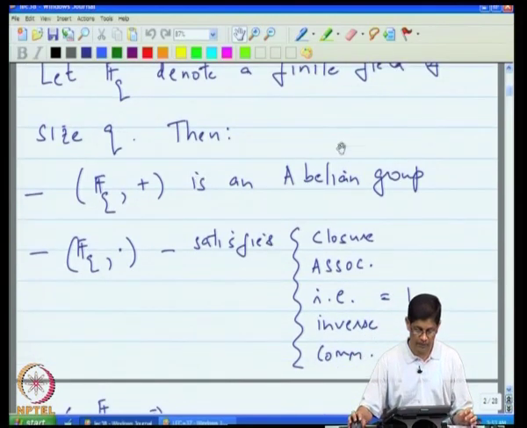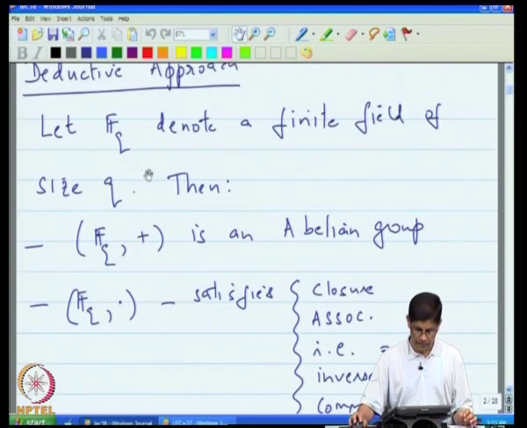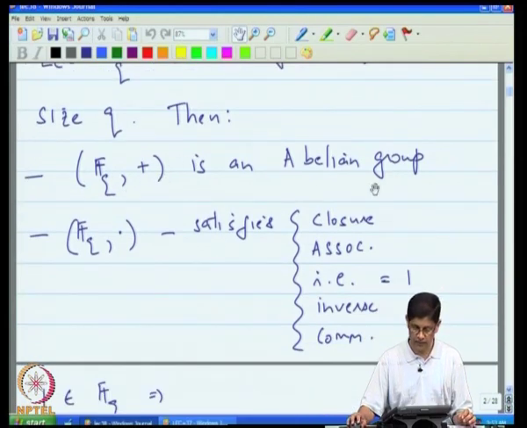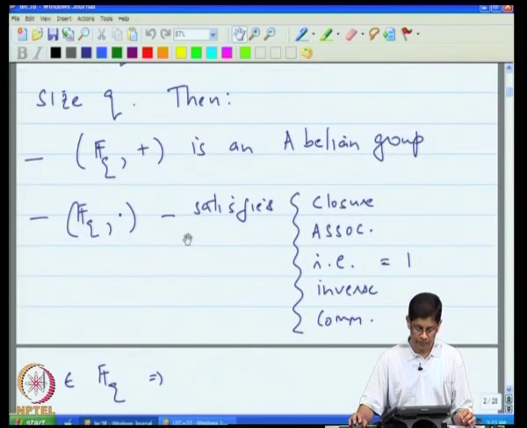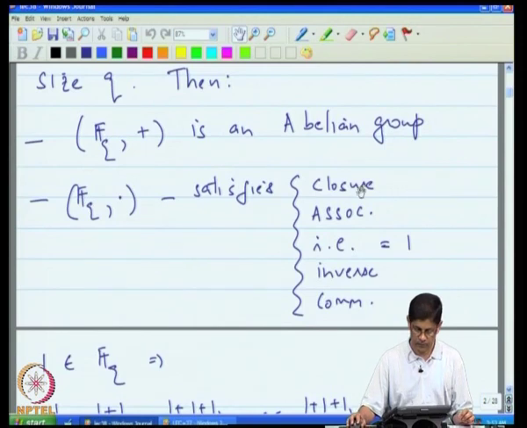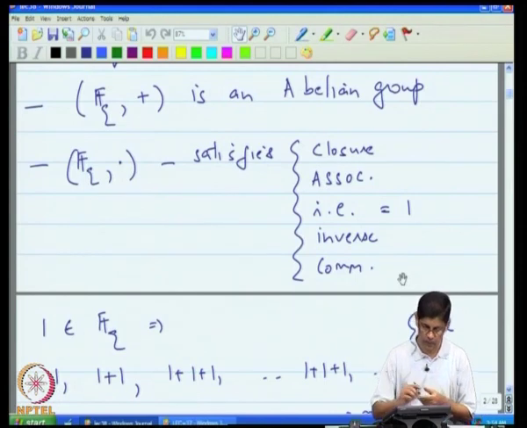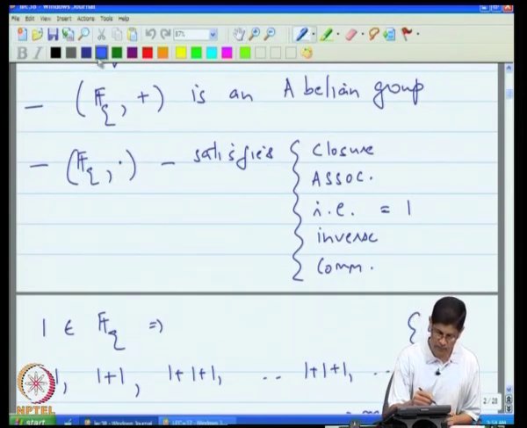So, what do we mean by using the structure of the field? Well, we know that F_q under addition must be an abelian group, and that if you take the set under multiplication, it must satisfy the axioms of closure, associativity, the identity element, the inverse, commutativity, and there is also the matter of distributivity.